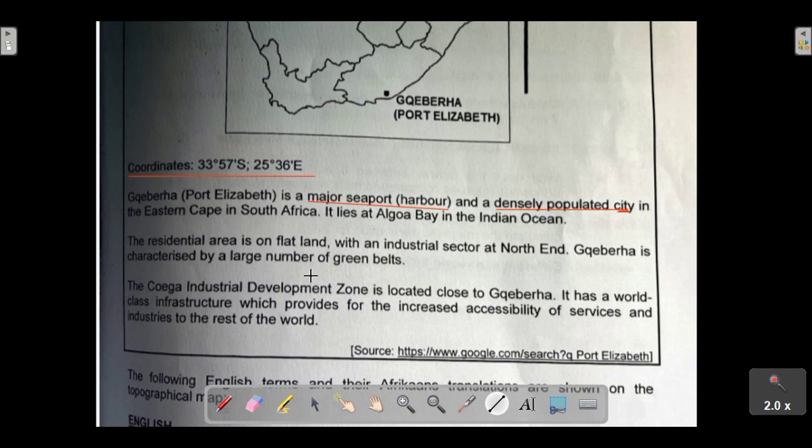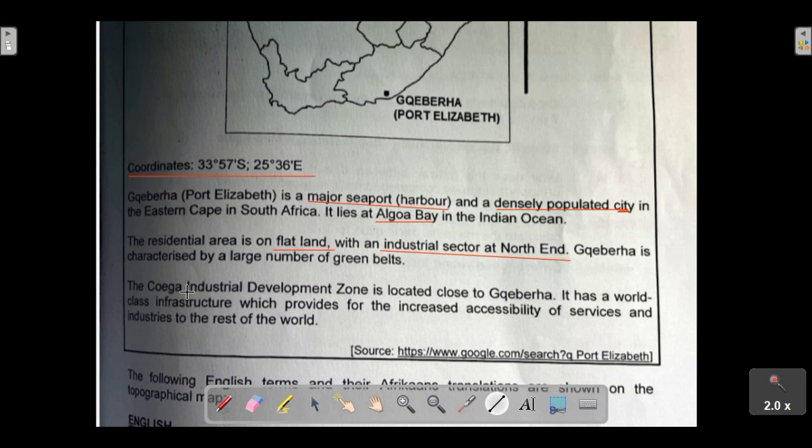In the Eastern Cape, in South Africa. It lies at Algoa Bay in the Indian Ocean. The residential area is on a flatland with an industrial sector at the north end. So it has an industrial sector.